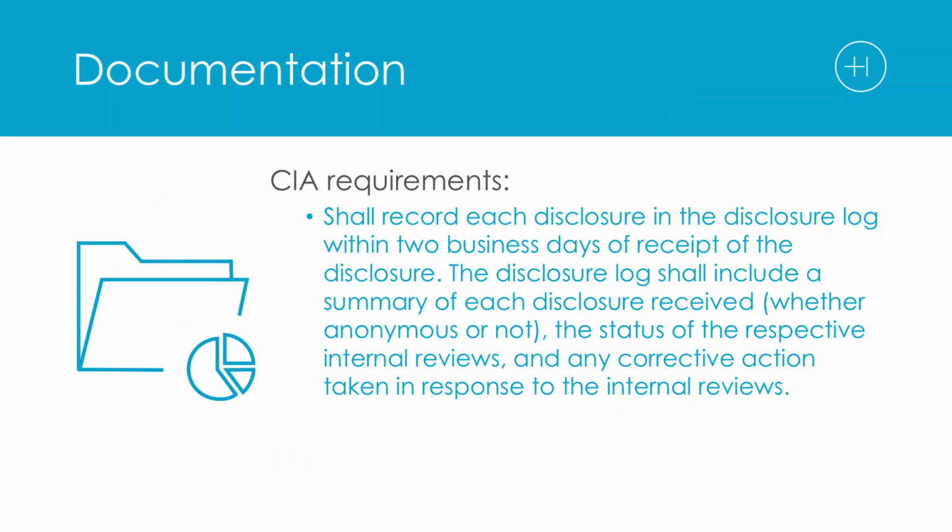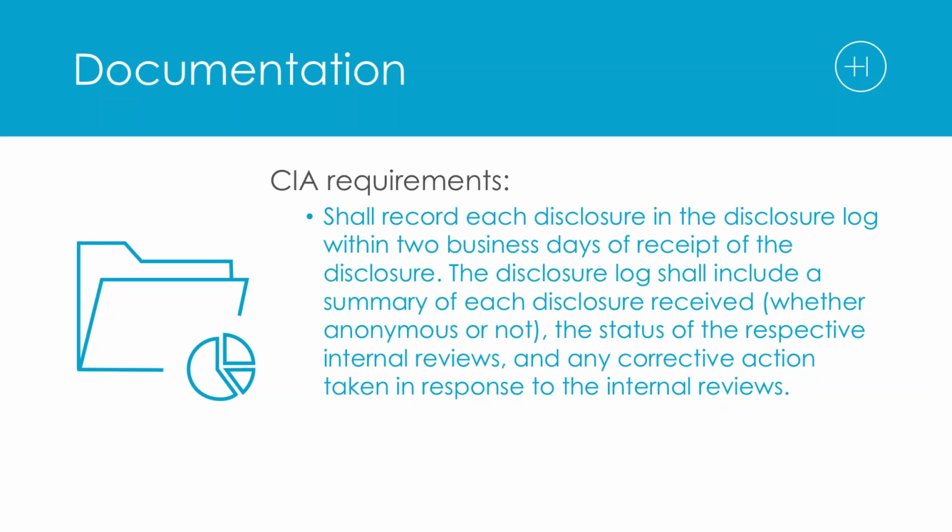But from a CIA requirement, let's look at what they say about documentation. You shall record each disclosure in the disclosure log. Now, my bias is that you use some sort of electronic tool to help you do this. It can be done on an Excel file or a piece of paper and a pencil, but there are more sophisticated ways to do that.